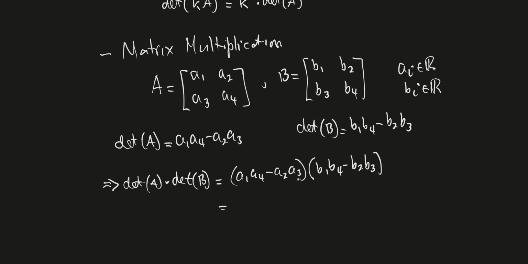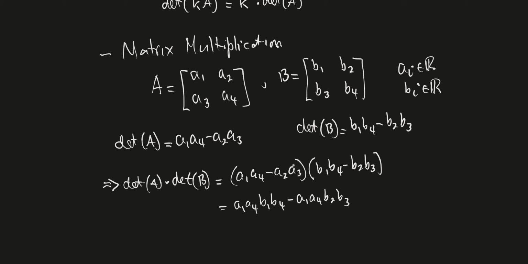Now, if we FOIL this out, we're going to have A1 A4 times B1 B4, and then A1 A4 times a negative B2 B3, so minus A1 A4 B2 B3.